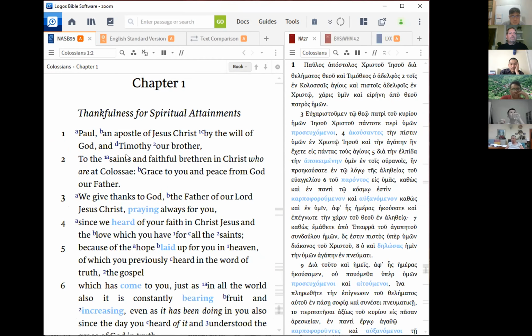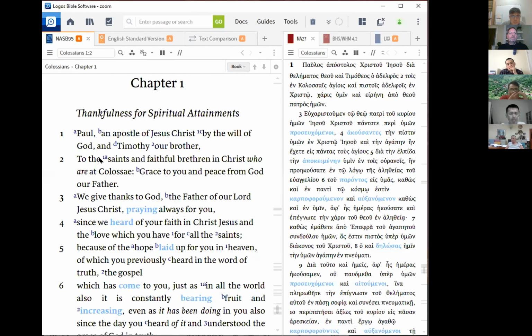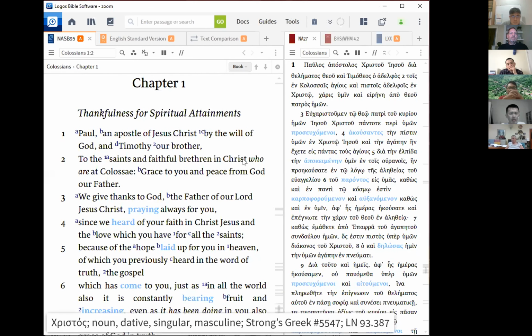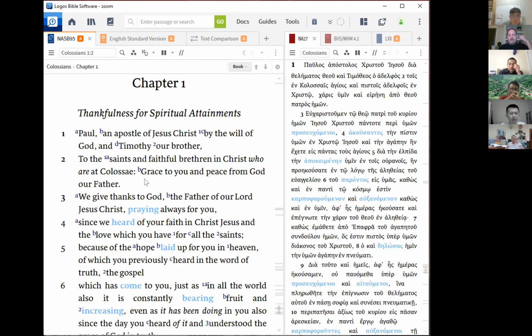Literally, the Greek says, "To the saints and faithful brethren in Christ at Colossae." All right, if we were to read the Greek text over here, that's what it would be literally. The New American Standard added "who are" there in order to make it easier to read.